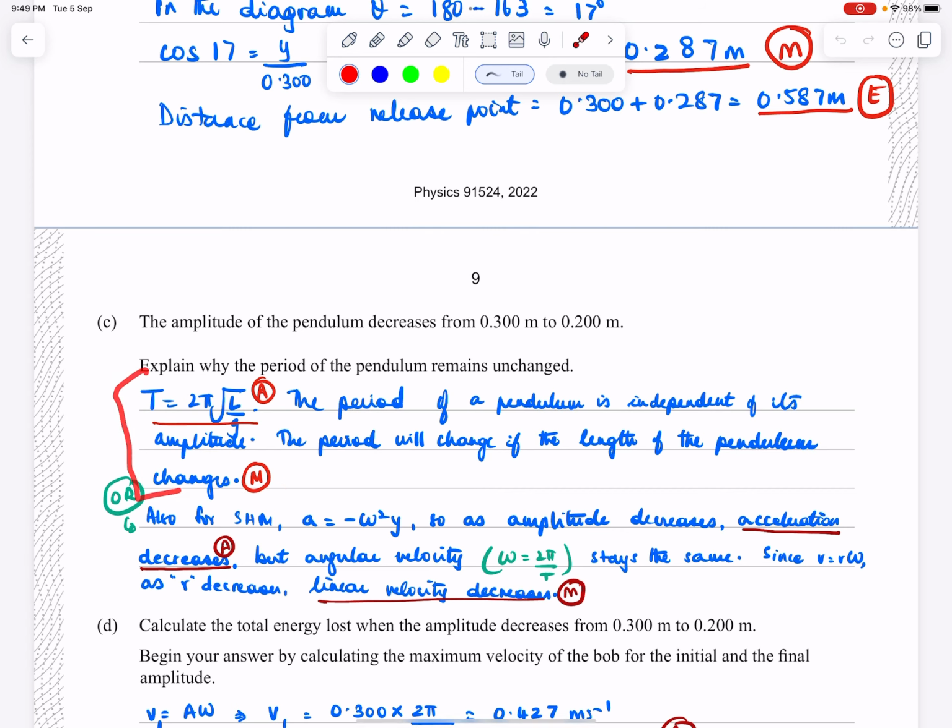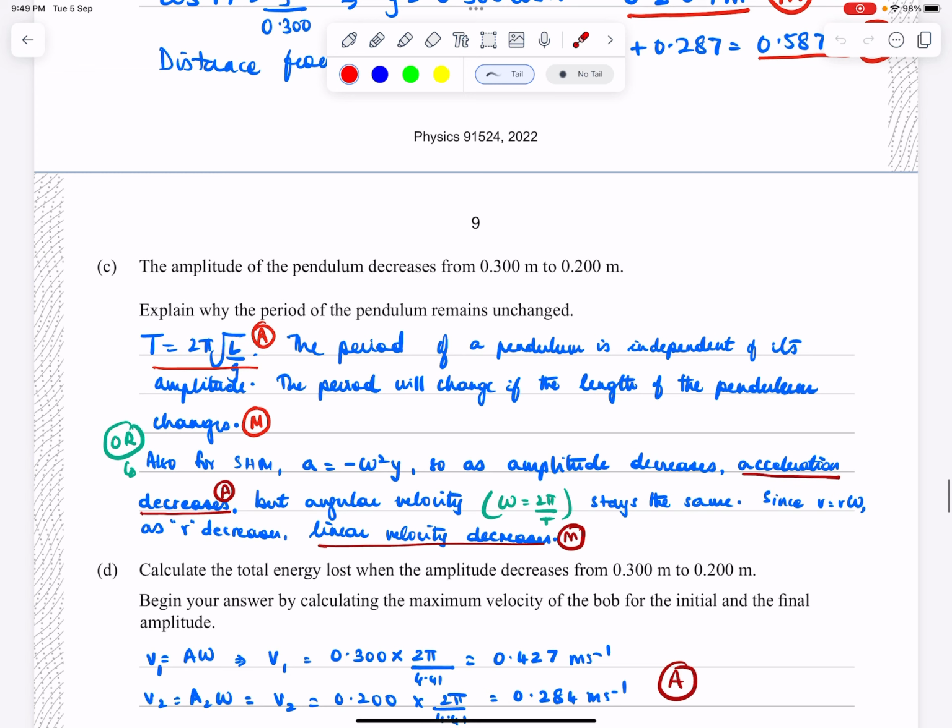So just this much will do for your merit, because if you state that, that's your achieved, and the reasoning is your merit. Also, for simple harmonic motion, acceleration is proportional to displacement. So when the amplitude decreases, the acceleration will also decrease. But what stays the same is the angular velocity. And angular velocity is 2 pi over T. So if angular velocity stays the same, 2 pi is a constant, so T has to be the same. Okay, so that's another way to say it.